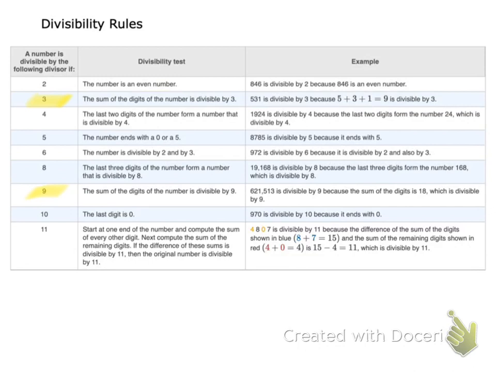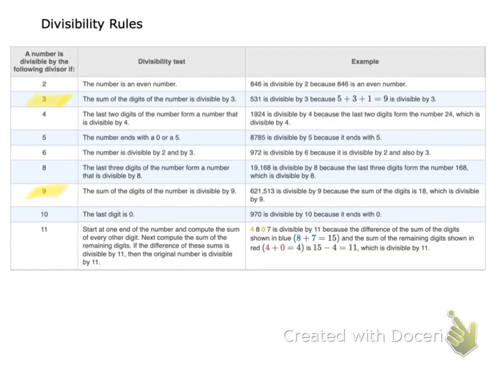If we look at the 9 example, it's a much bigger number, 621,513. If you add up, 6 plus 2 is 8, plus 1 is 9, plus 5 is 14, 15, and then 3, so you get a sum of 18. That can be divided by 3, that can be divided by 9, so you could divide that large number by either of those. It comes in handy, but it only works for 3 and 9.